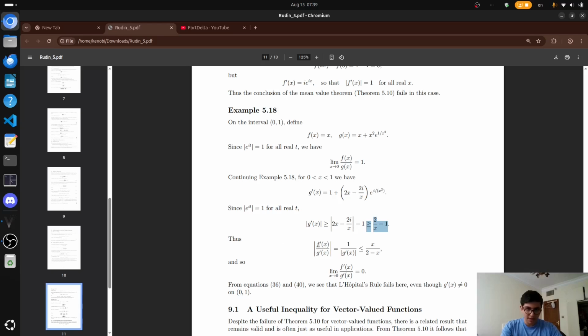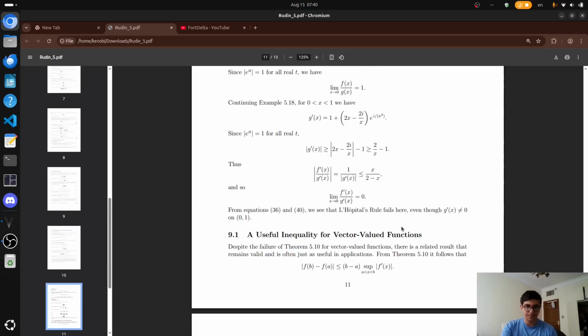Now the absolute value of f'(x) over g'(x) is going to give you 1 over the absolute value of g'(x), because f'(x) is equal to 1. That is less than or equal to x over 2 minus x, and as x goes to 0, this goes to 0. So this contradicts L'Hopital's rule, because this goes to 1 and this goes to 0, but it's supposed to go to the same thing.